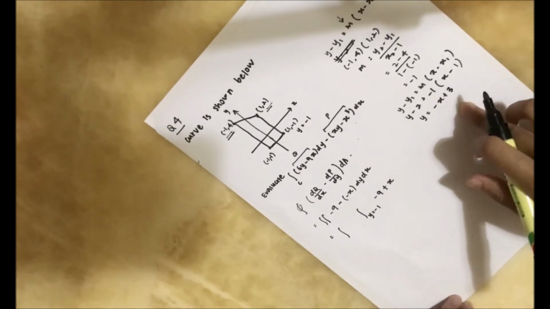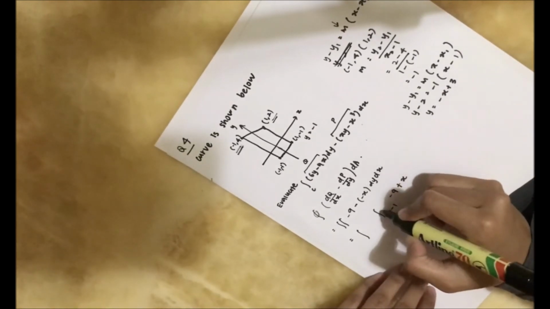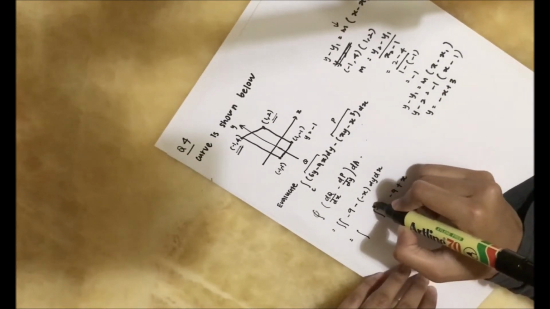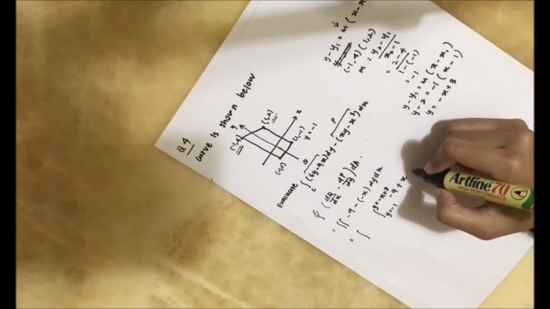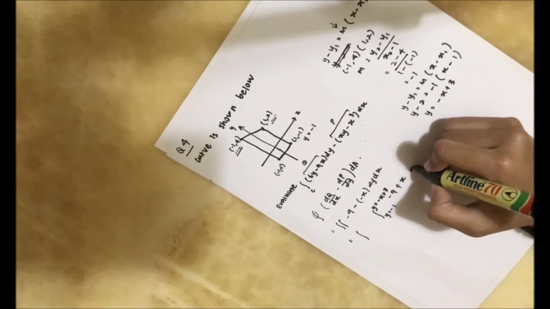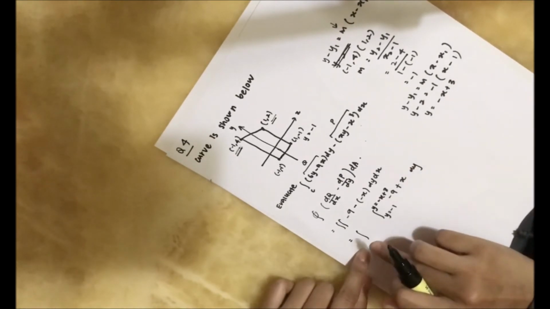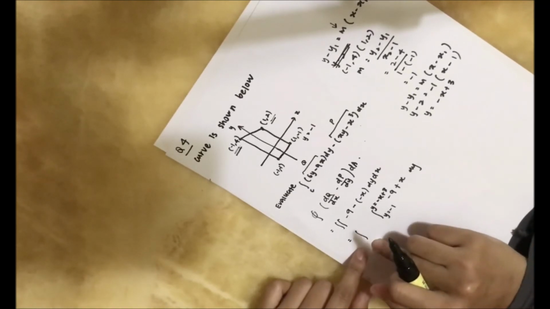So the top part will be y equal to negative x plus 3, with respect to dy.